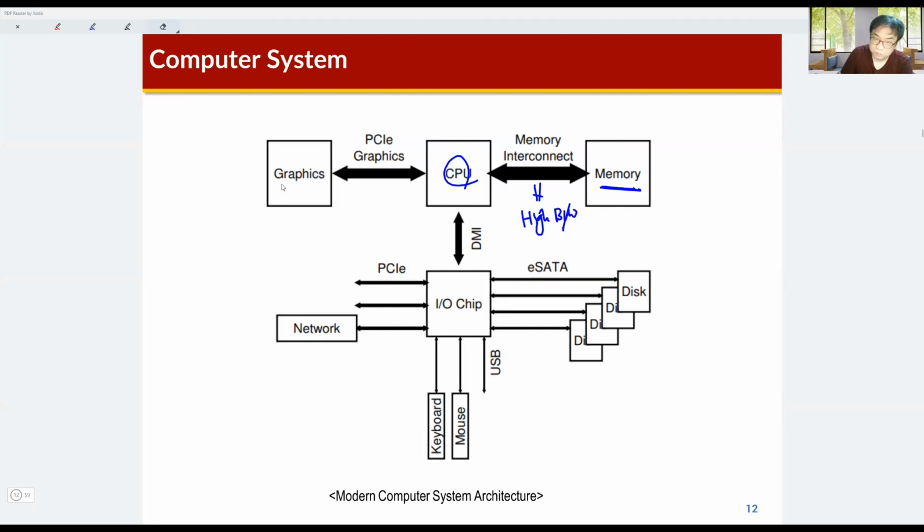And how about the GPU? Recently, the GPU uses the PCIe interface, and the PCIe interface also supports very high bandwidth. Recently, the GPUs are directly connected to the CPU.